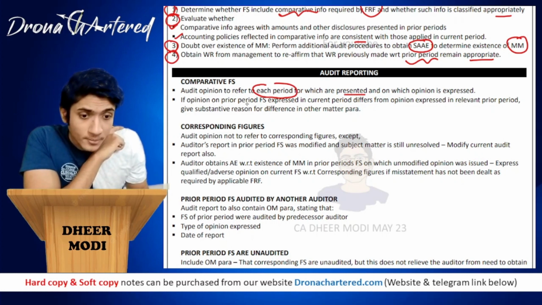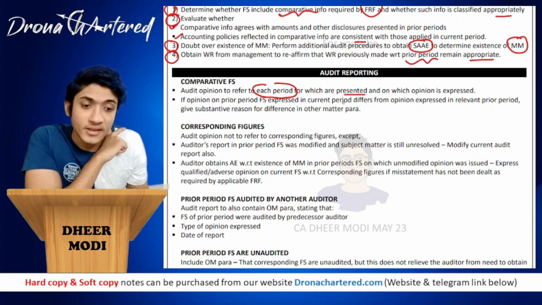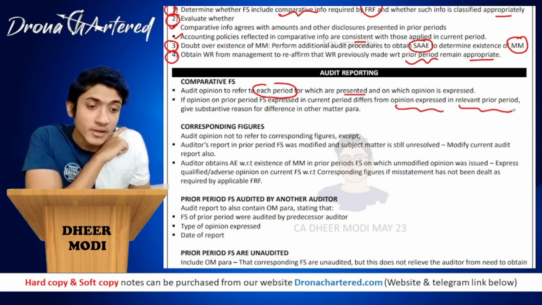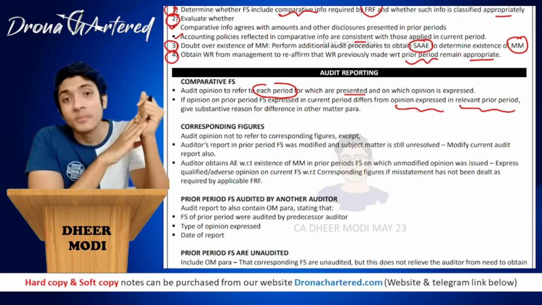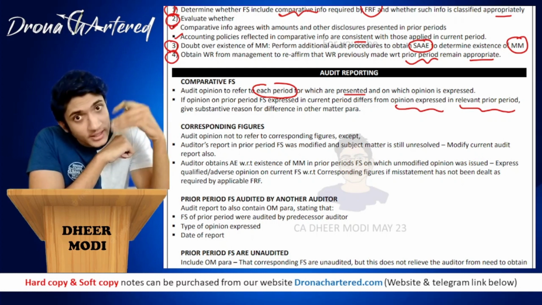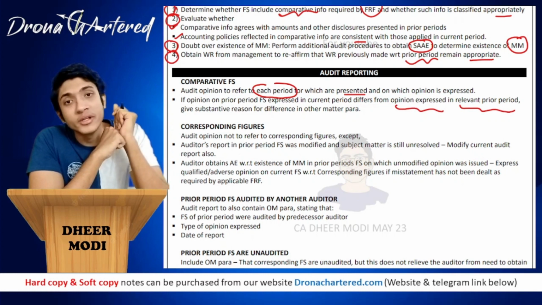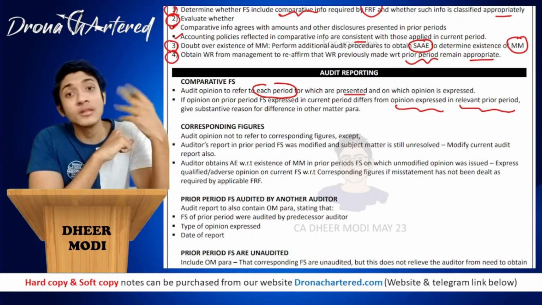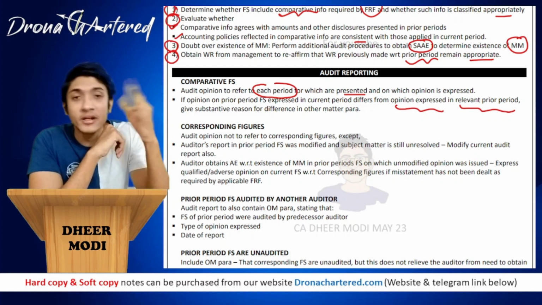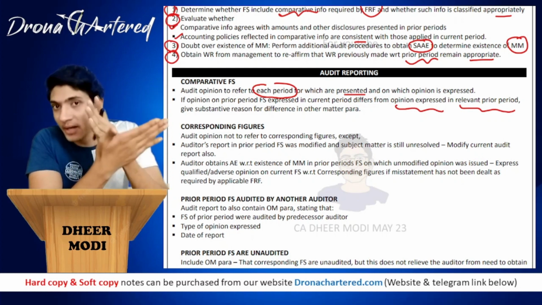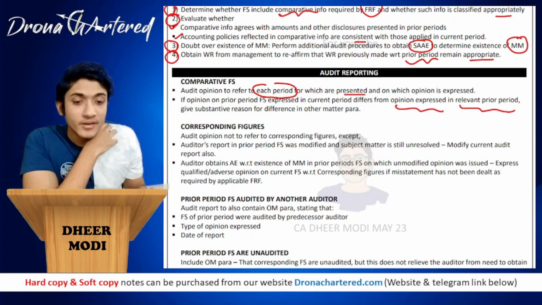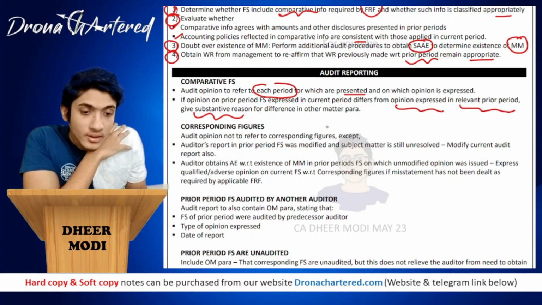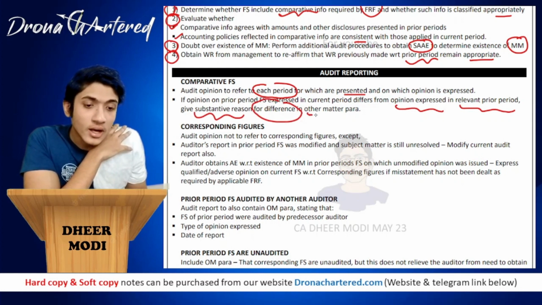If the opinion on prior period financial statements expressed in the current period differs from the opinion expressed in the relevant prior period, for example, in the prior period my opinion was something else, and in the current period I have also audited the prior period items, and in such a case my opinion on the prior period items is different, that is, what opinion I had given in the prior period versus what opinion I'm giving now in the current period, if both of them are different, you will have to give a reason for the difference in the other matter paragraph.